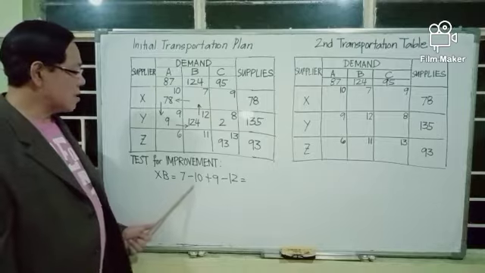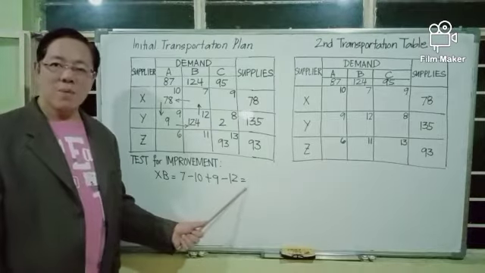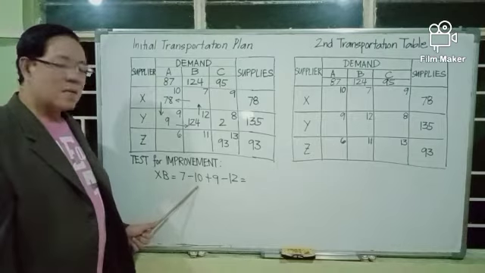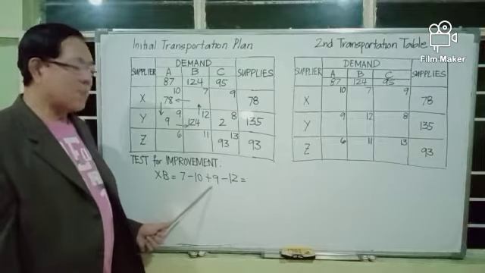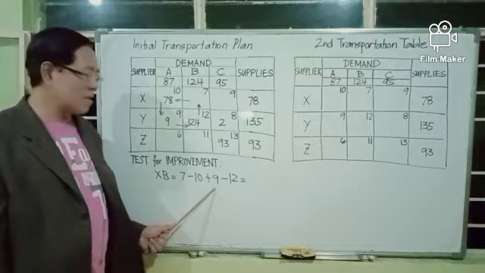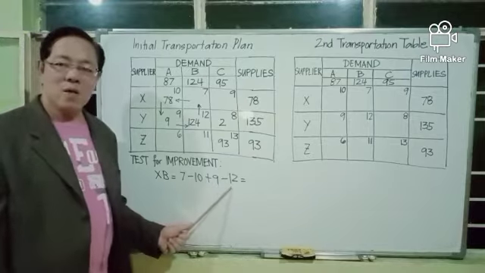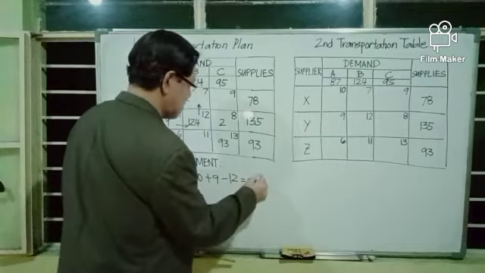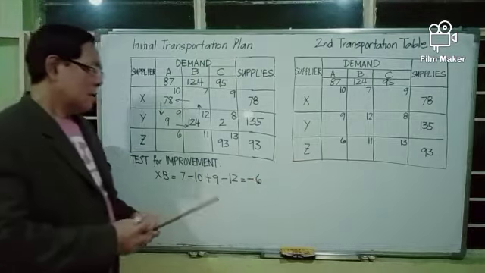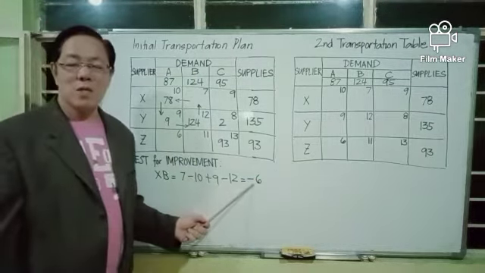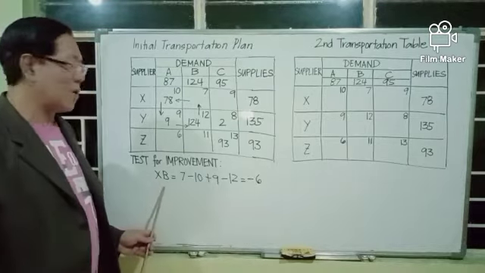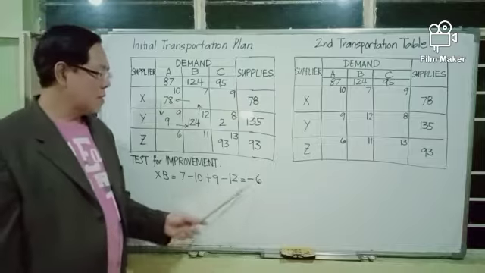And we get the sum and difference of these numbers, 7 minus 10. That's negative 3. Negative 3 plus 9 is 6. 6 minus 12 is negative 6. Negative 6 is what you call the net cell cost. It is the net cell cost of the vacant cell XB.